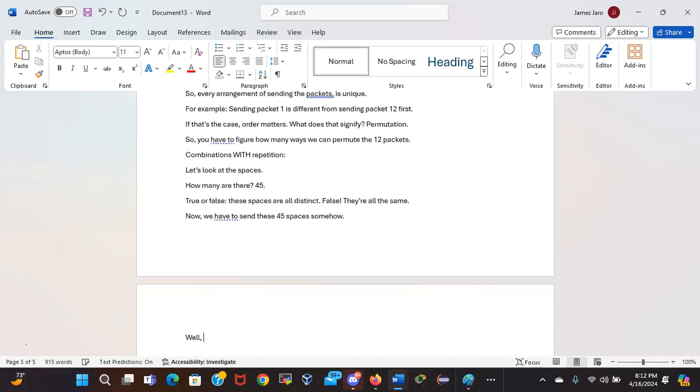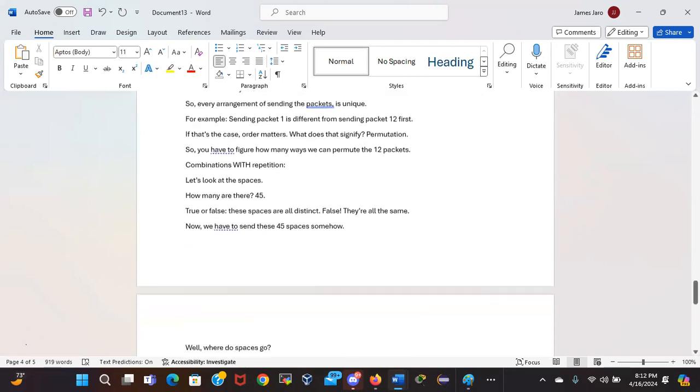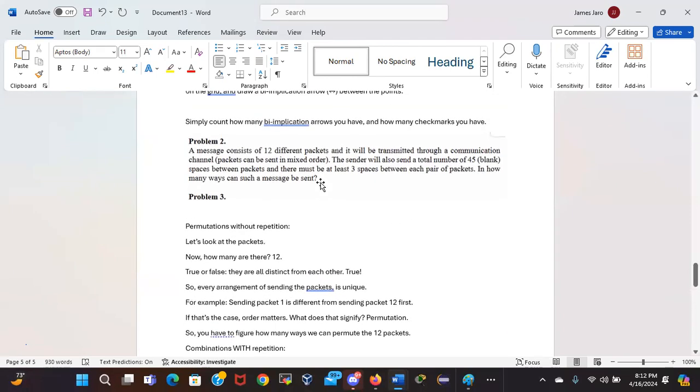Well, where do spaces go? Yeah, it goes between the packets, right? Now, what is the criteria or the conditions for this problem? Well, not necessarily.